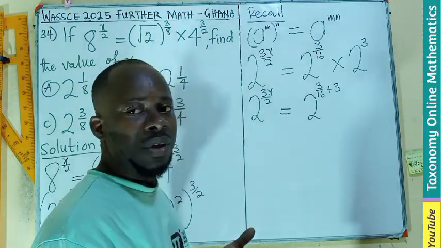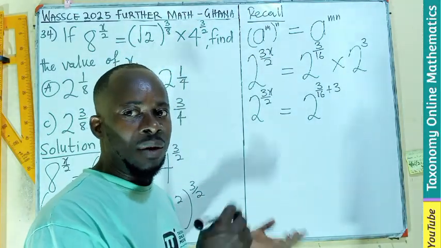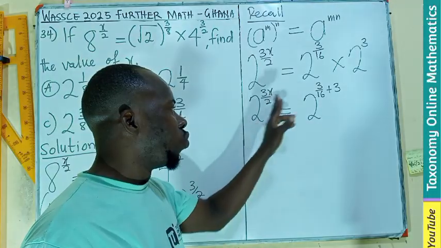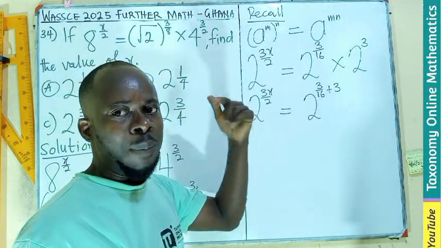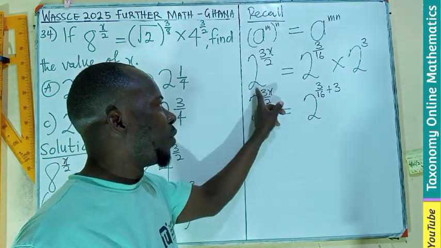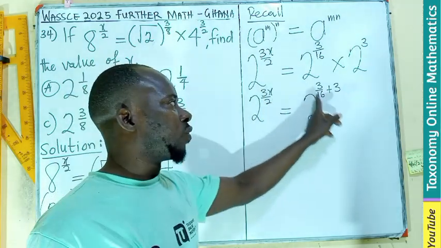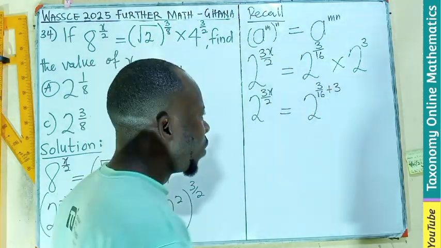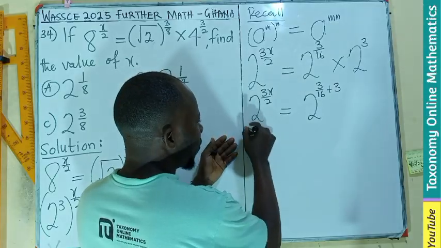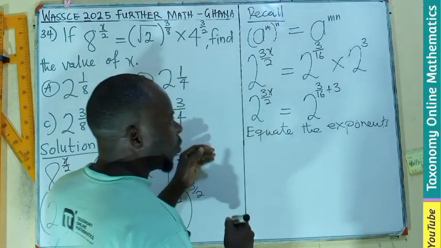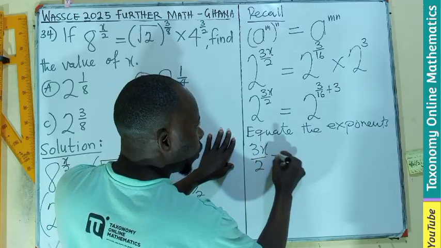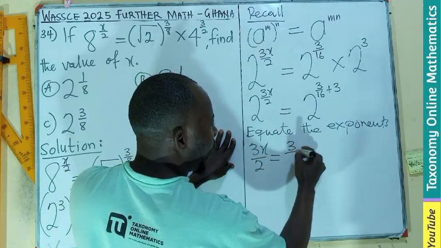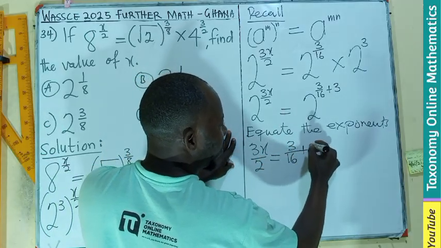Now, since we have equal base on both sides of the equal sign, base 2, it also means that the exponents are the same. So we equate the exponents. That means that I have 3x/2 equals 3/16 plus 3.